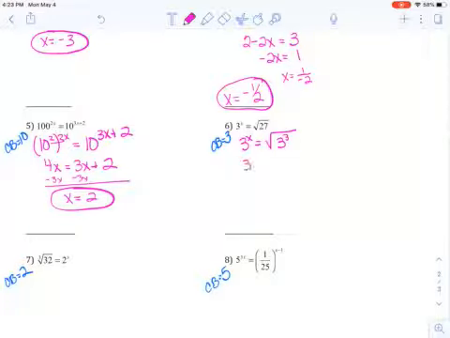So this is really 3 to the x equals 3 to the 3 over 2 power. Roots are on the bottom. The square root is a 2, right? And so again, my common bases, I just look at the top and I see that x equals 3/2.